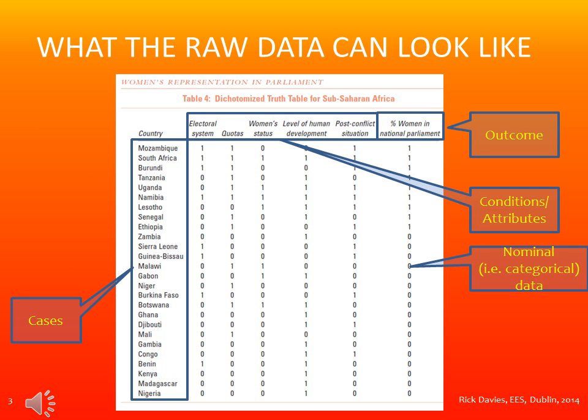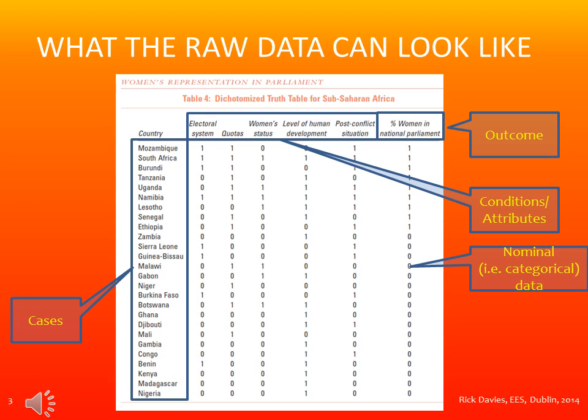This is the kind of data set that can be analyzed using QCA or decision tree methods. In this case, it is a data set taken from a paper on QCA by Krook, who looked at the levels of women's participation in parliaments in 26 different African countries.